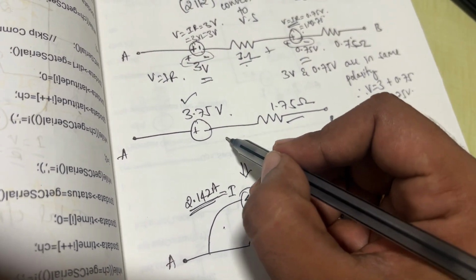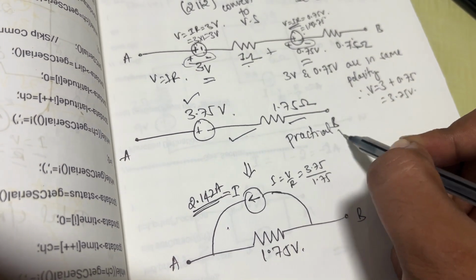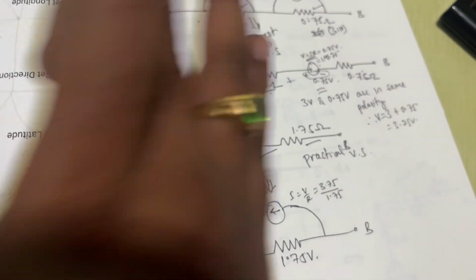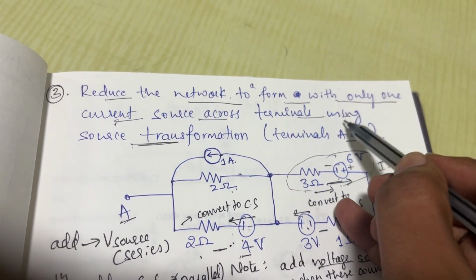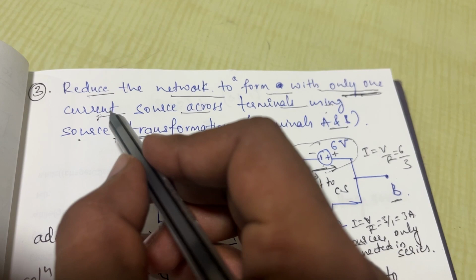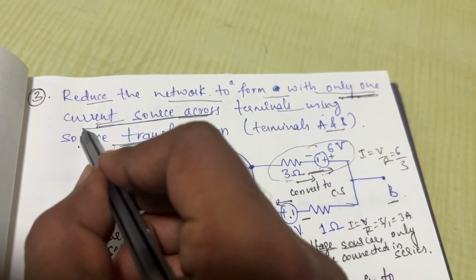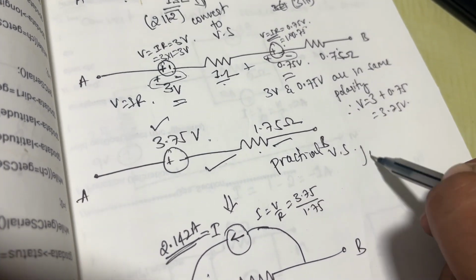But what they asked us is to convert to a single practical current source. You can observe the question now. Only one current source across terminals A and B means now we are getting an equivalent voltage source. You need to transform it into a current source to get the equivalent current source.